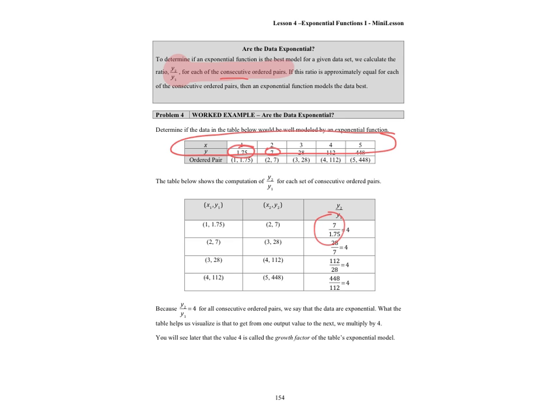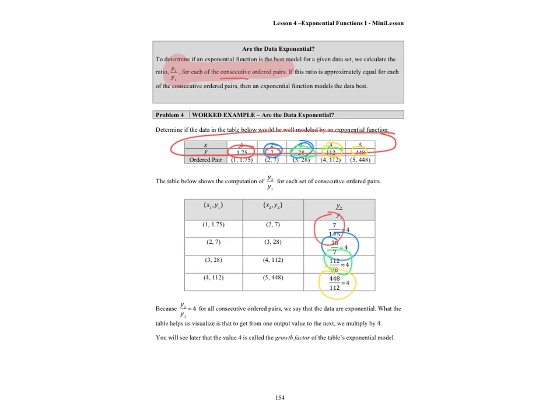And then they move to the next pair, which would be the 28 and the 7. You do 28 divided by 7. Again, they get 4. Then they go to the next back-to-back pair, the 112 and the 28. They did 112 divided by 28 and got 4. And they went to the last pair, the 448 and the 112, and they divided that and got 4.